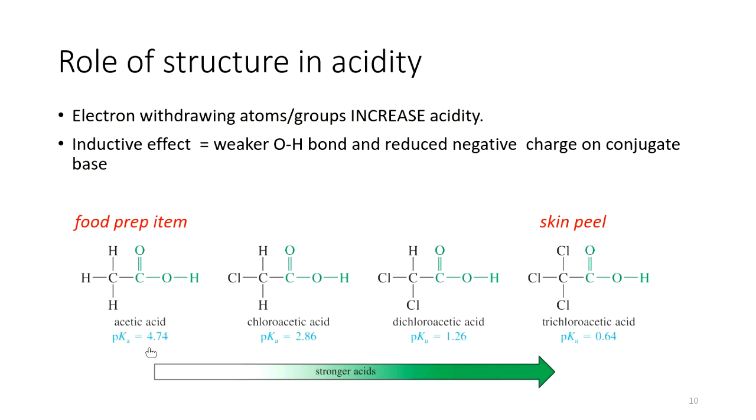Vinegar is a solution of acetic acid in water. Full strength acetic acid is not the most pleasant, but it wouldn't do much to you. It just smells bad. And then as we replace a hydrogen with a chlorine, we get chloroacetic acid.